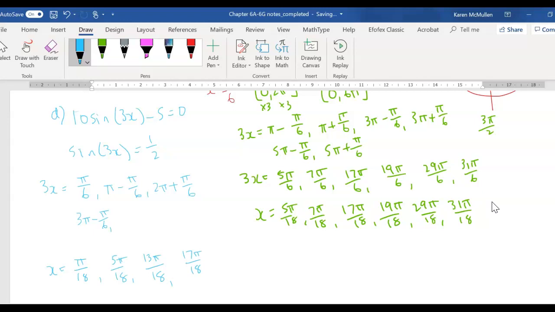And then we've got 4 pi plus pi on 6, so 25 pi on 18. And then our last solution is going to be 5 pi minus pi on 6, so 29 pi on 18.